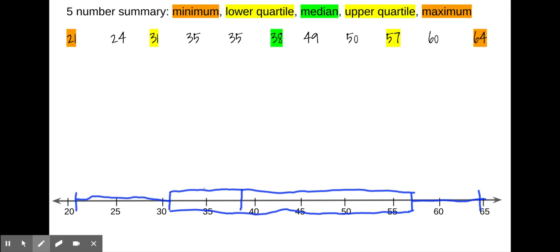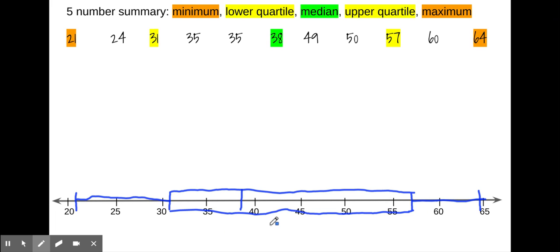And remember when we talked about interquartile range, we talked about the quartiles dividing the data into quarters or fourths. So this is the lowest 25% of the data. Here's the next 25% of the data, the next fourth of the data.